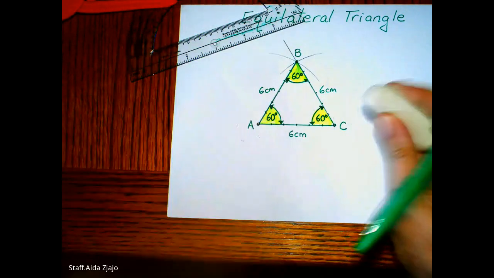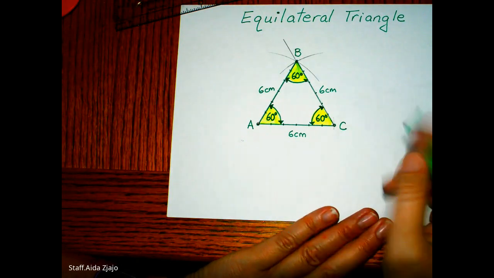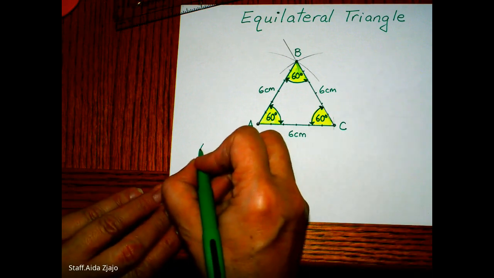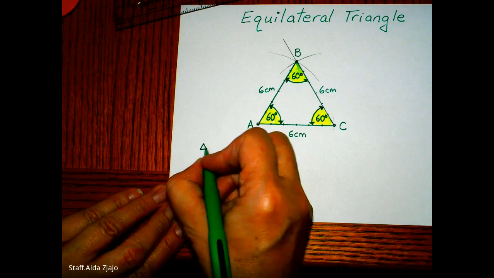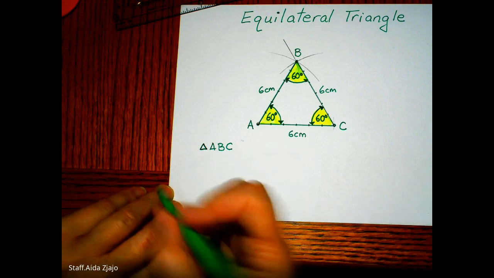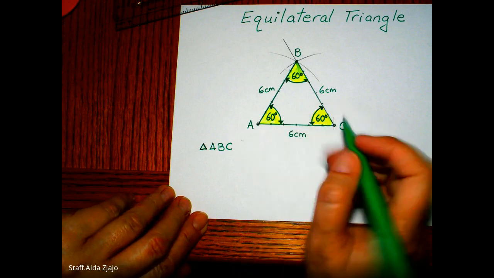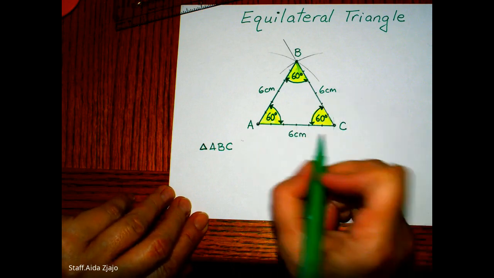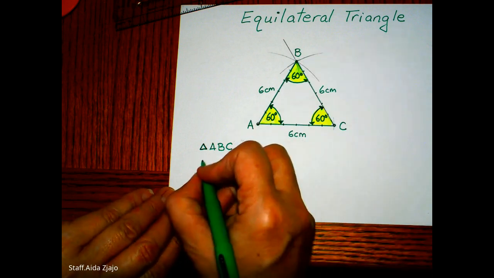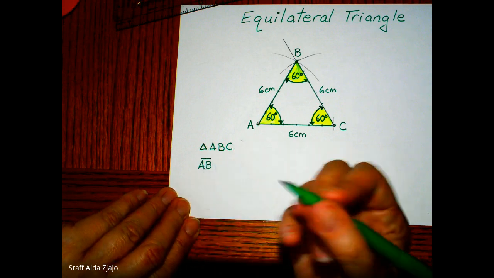Okay, if I want to label this equilateral triangle, I can label it with a little triangle symbol, and the triangle name is ABC. I also can use the symbols for congruent. The line segment is AB, with a line on the top but without arrows.